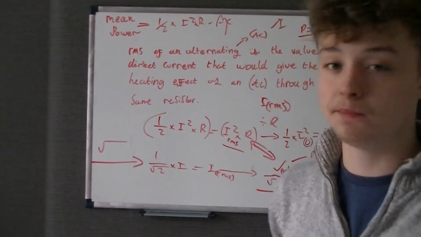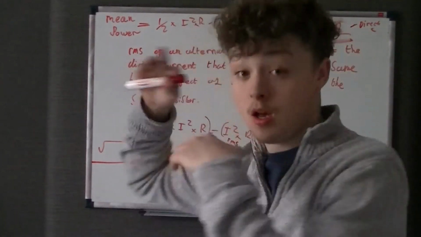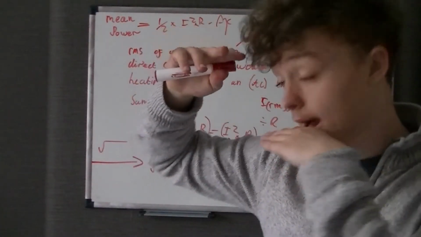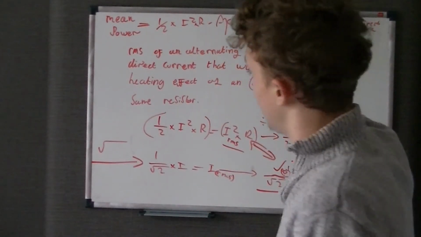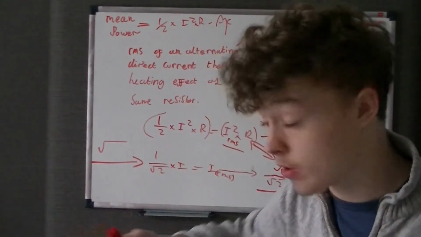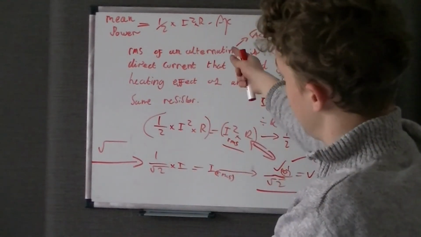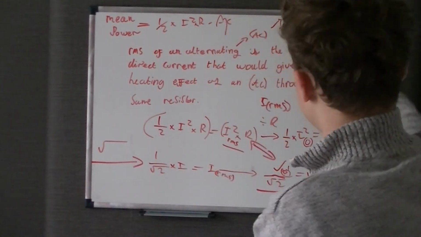So just go over it again. Mean power of an AC current is halfway between the peak and the base 0 potential difference. And just because P is the I squared R of a direct current, you turn it by half to get halfway. That's why you've got I squared R in there.